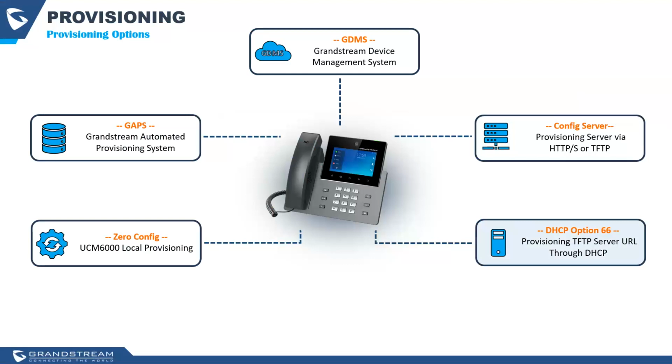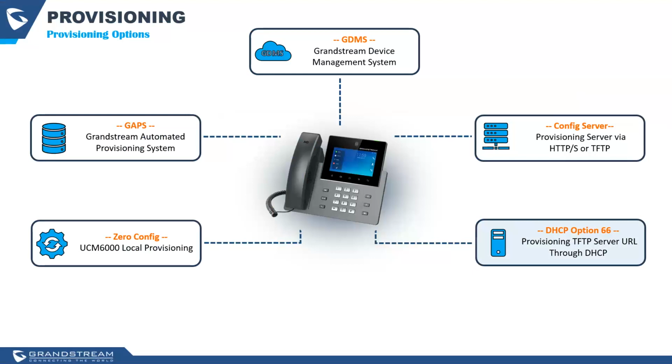And the DHCP server needs to be configured with option 66. Then the Grandstream device would use the provided URL or IP address to request its configuration file using TFTP. And to use this method, you need to make sure your router supports the configuration of the DHCP options because not all routers have this capability.